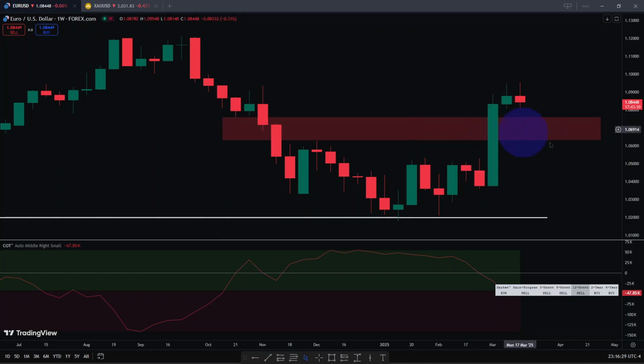That's what I'm trying to say, because the draw on liquidity is no more buy side here. When the draw on liquidity was buy side, whenever markets trade above previous weekly high, that makes sense. And the markets here wanted to revisit the previous weekly high.